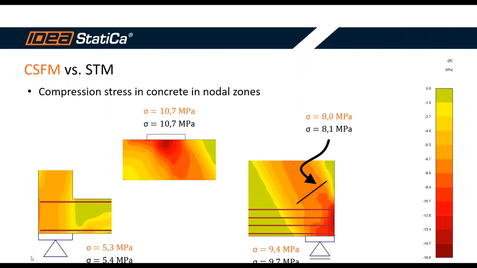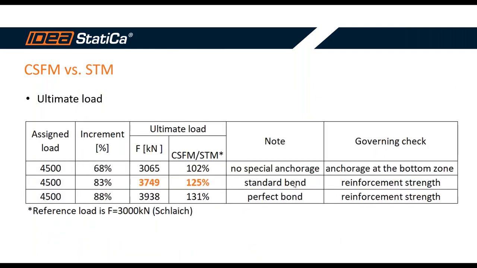If there is a special anchorage defined, then the limiting factor is reinforcement strength. So we can say that it is extremely important to model the concrete member as a whole. It means use concrete elements, reinforcement elements, and do not forget about anchorage types.